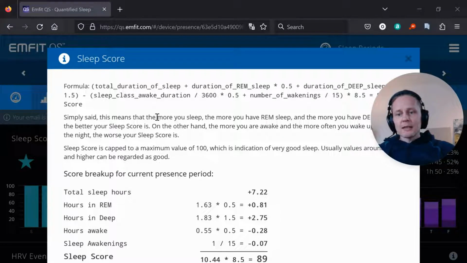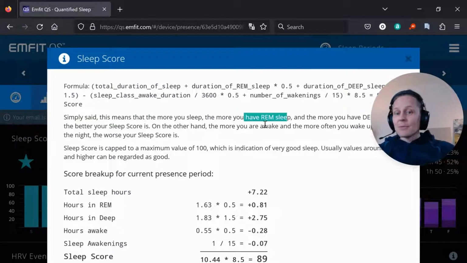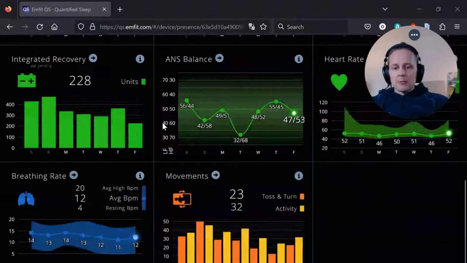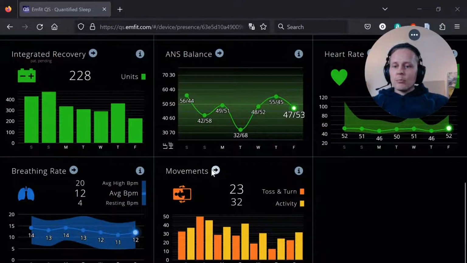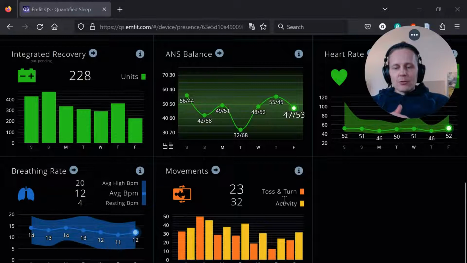Basically it's the amount of sleep, amount of REM sleep, and amount of deep sleep that defines the sleep score. Then if we scroll down, we look at movements. We have activity, which means the small arm and leg movements during the night, and then we have toss and turn when you actually move more in the bed.